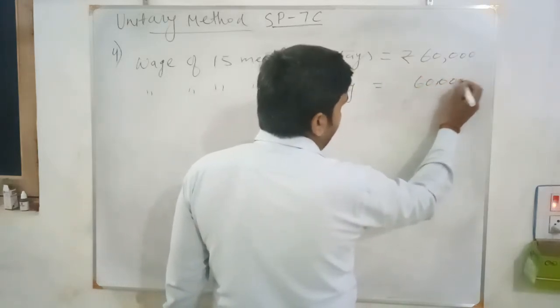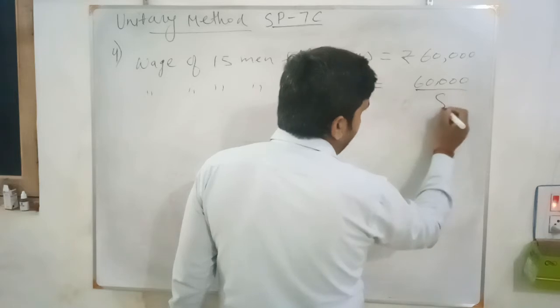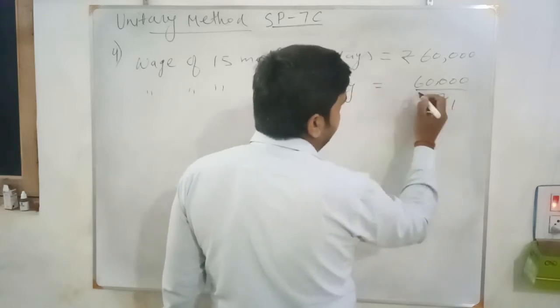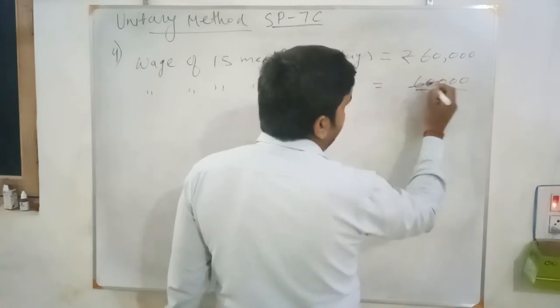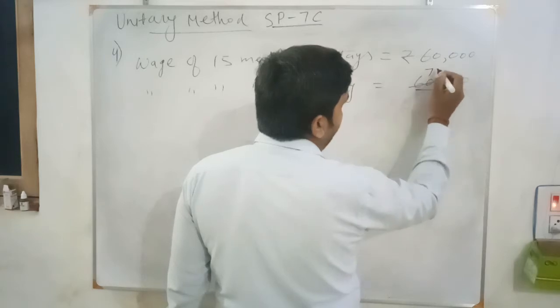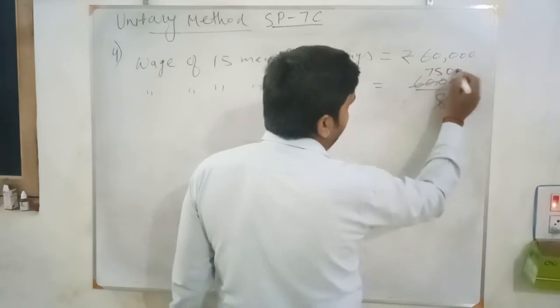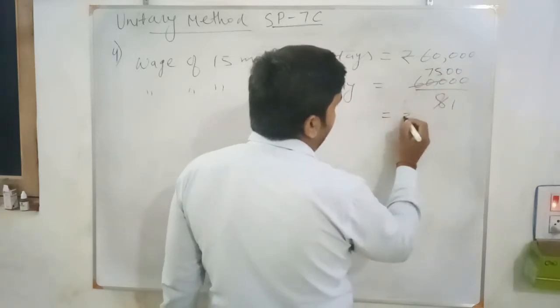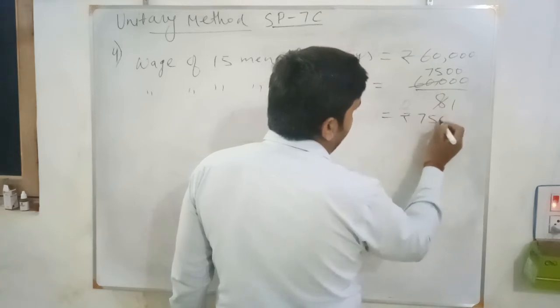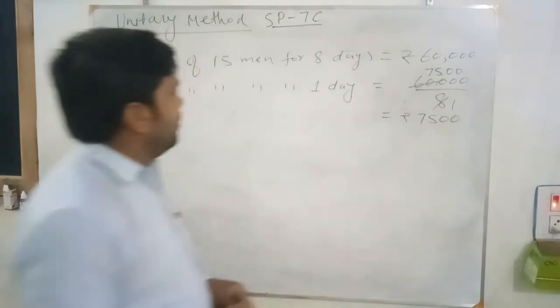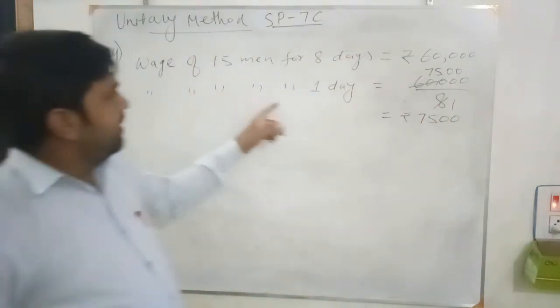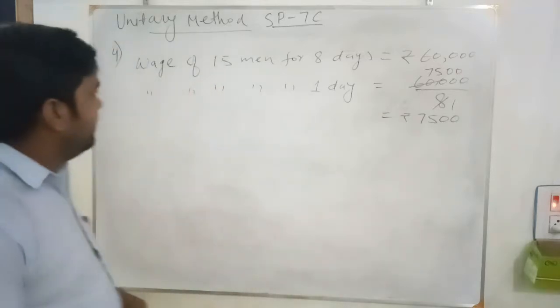So 60,000 divided by 8. What will you get? 8 ones are 8, 8 7s are 56, 40, 8 5s are 40, 7,500. So the wage of 15 men for 1 day is 7,500.